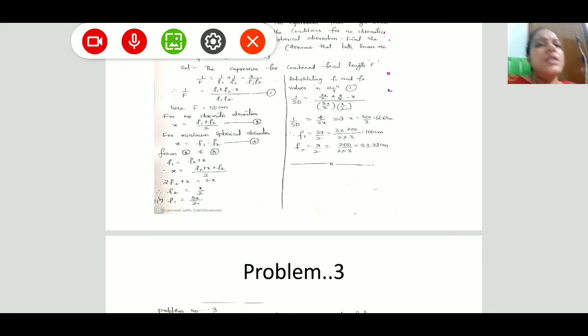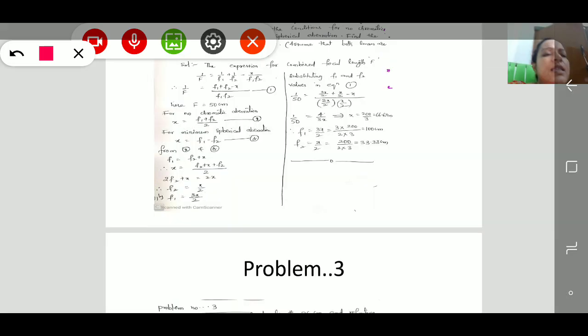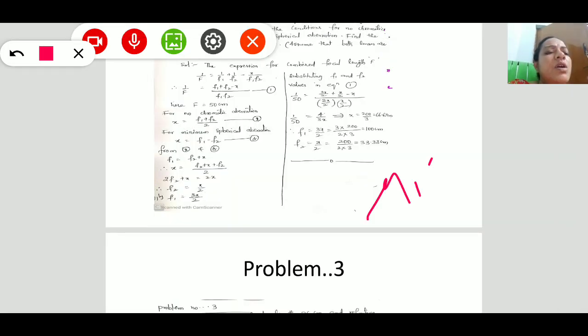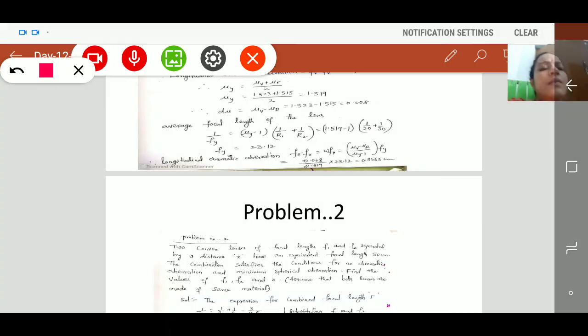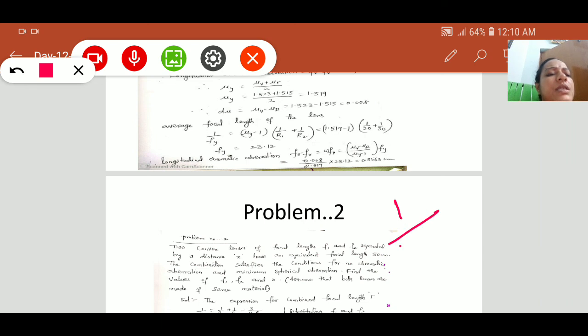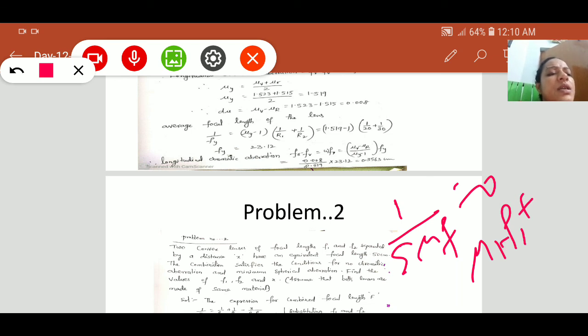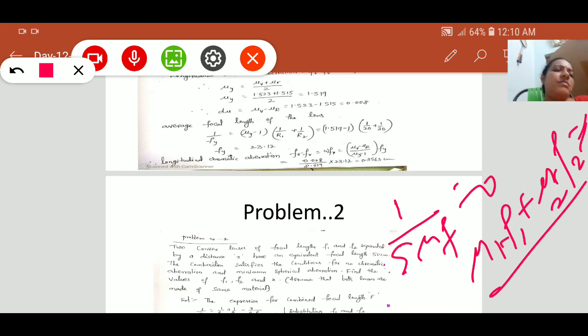This can be written as the sum of 1 by (mu f) is equal to 0, that is mu1 f1 plus mu2 f2 is equal to 0. Based upon this condition also, just solve the problem. For different formulas, you have to solve different problems.